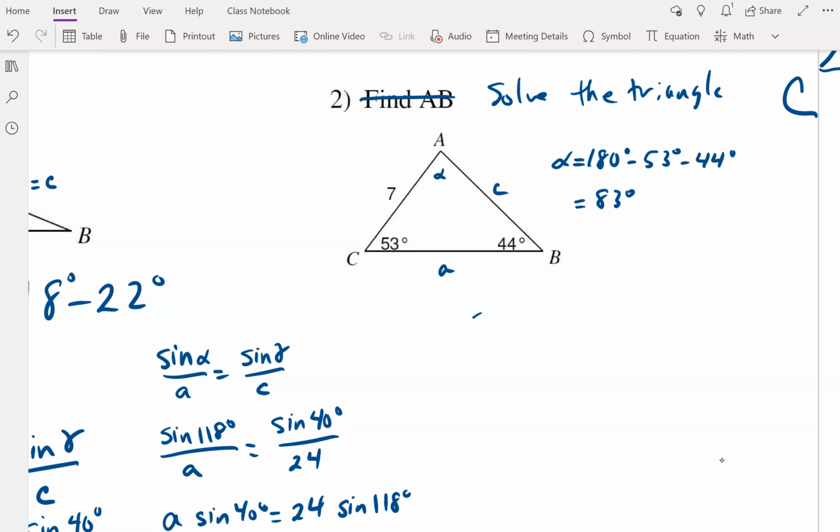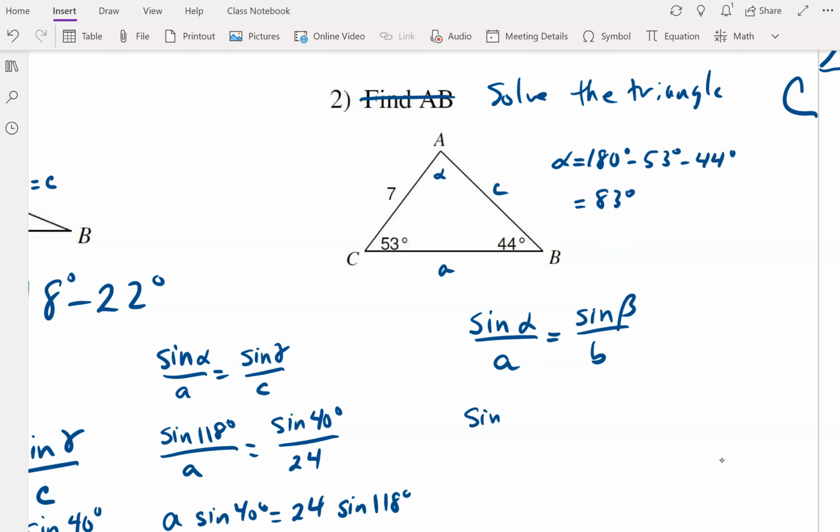So according to the law of sines, I would need sine of alpha over A is equal to something, either with the beta or the gamma. Well, gamma is the one at angle C, and I don't know the angle C, or the side C across from it. So it's not really going to help me to use that one right now. So let's use the beta and the B.